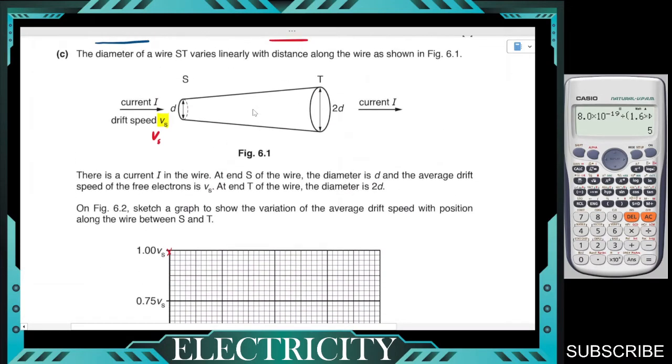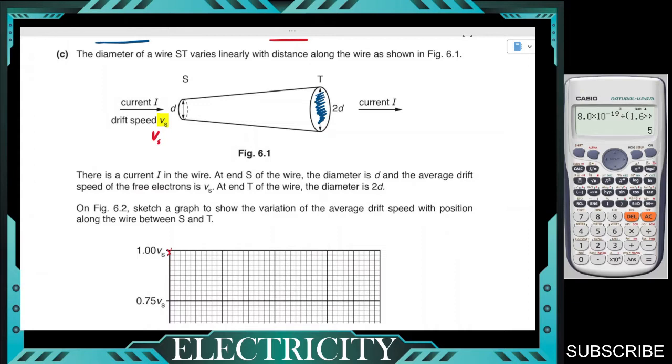And as a matter of fact, another point is very easy for you to find, which is the last one. When the diameter of the wire increases to 2d, which means they have doubled the diameter, now the drift speed has to decrease.